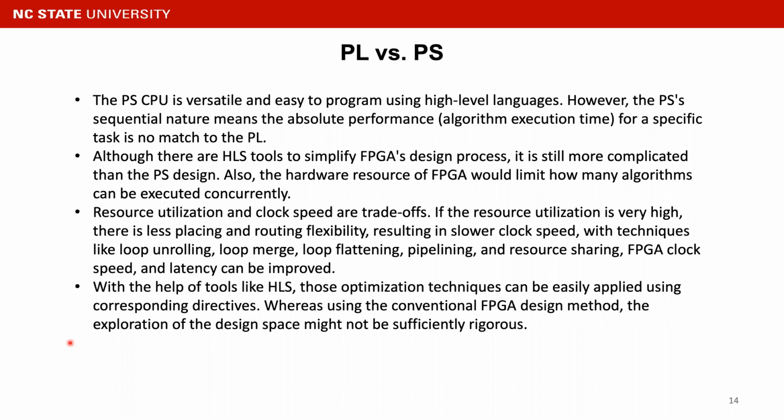With techniques like loop unrolling, loop merging, loop flattening, pipelining, and resource sharing, FPGA clock speed and latency can be improved. With the help of tools like HLS, those optimization techniques can be easily applied using corresponding directives. Whereas using the conventional FPGA design method, the exploration of the design space might not be sufficiently rigorous.